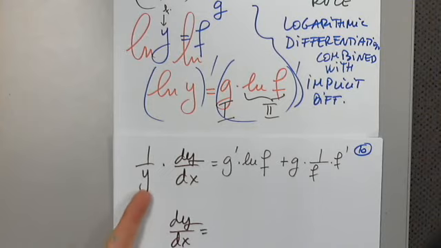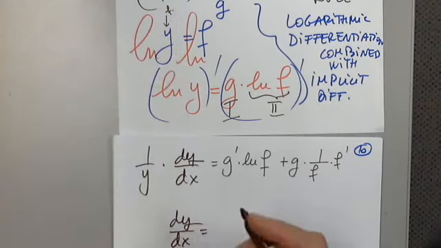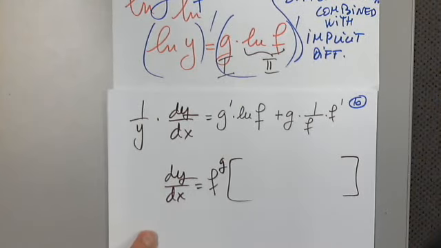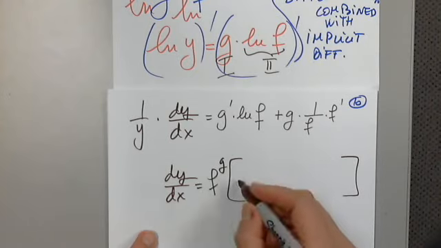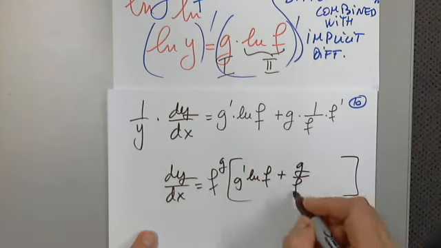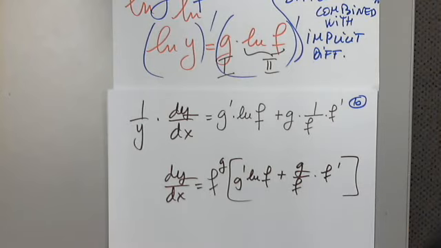I only want to get rid of this fraction. How do I get rid of a fraction? Multiply both sides by y. But since y is f to g, I'm going to say f raised to g. And I'm going to copy the rest. Do not distribute. That's all you need to do: g prime natural log f plus g over f times f prime.